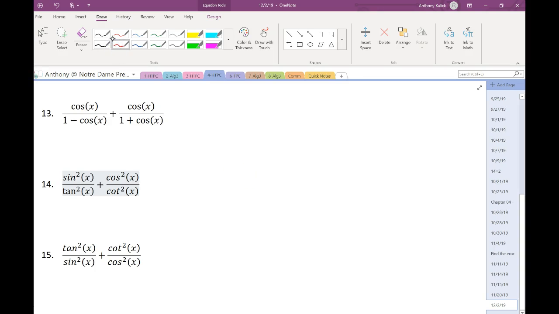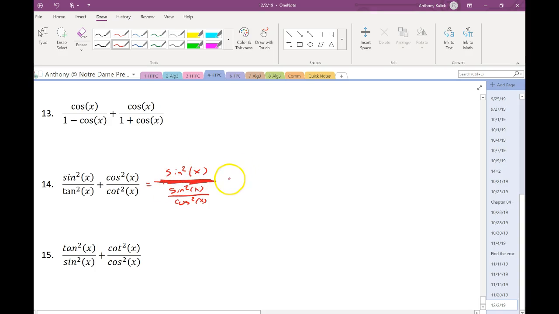All right. What I would do here, stop talking please, is I'm going to rewrite everything in terms of sines and cosines. And just to make it a little bit clear exactly what I did, I'm going to draw that original division bar really kind of fat there so it's easy to see. You good with that so far?